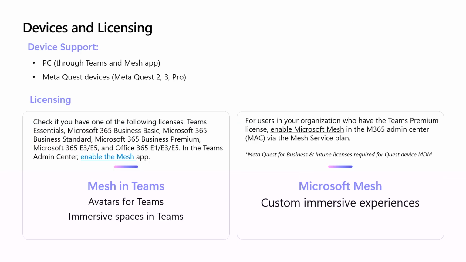For licensing, I gave you a quick preview of that, but the first thing I'll point out is that if you have a Teams license for basically all of the standard commercial licenses, avatars and immersive spaces is included.